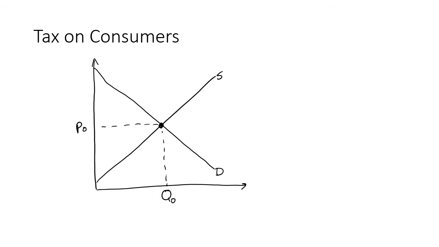And here's our starting point. So if we're going to tax consumers, that means the demand is going to decrease by the amount of the tax. So we'll say this is our new demand curve, where it intersects supply, gives us our quantity after the tax. We'll have to trace that line up so that we get both prices here.